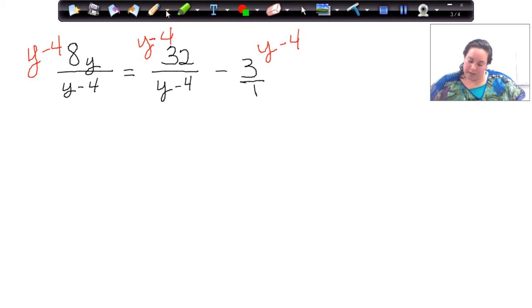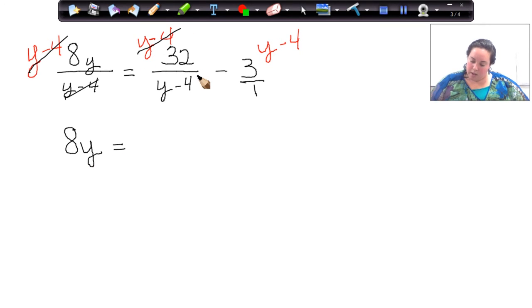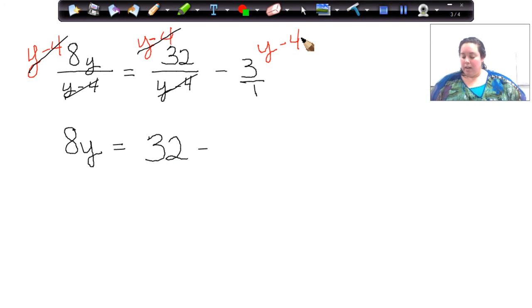What happens in the first one when we multiply by y minus 4 is they cancel out, which is super convenient. That's what we're hoping for. This y minus 4 actually cancels out as well, and then we have negative 3 times y minus 4. This one doesn't cancel out.